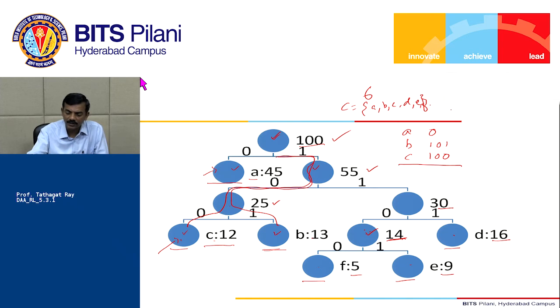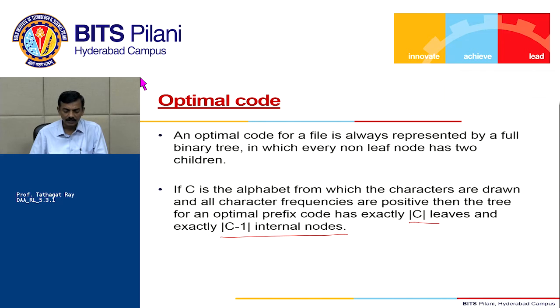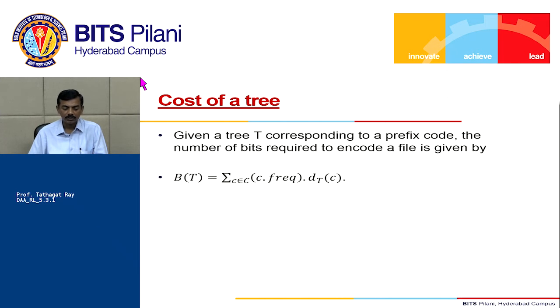So exactly C minus 1 internal nodes, and C leaves.